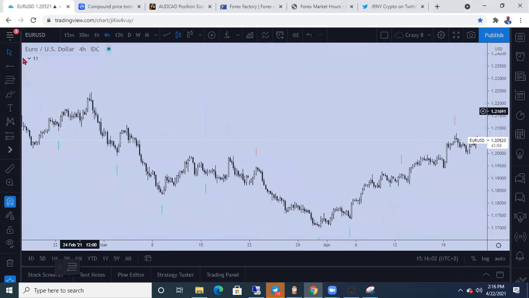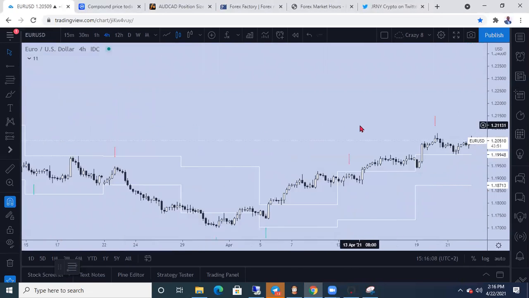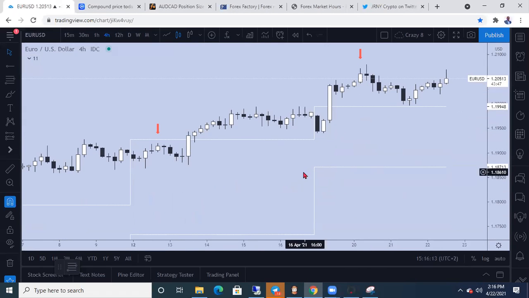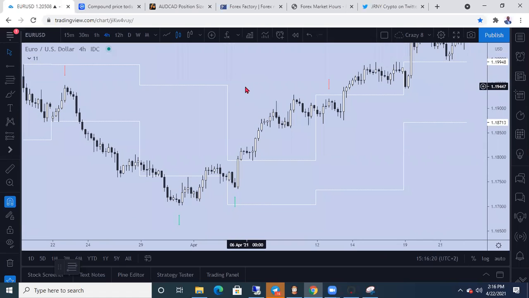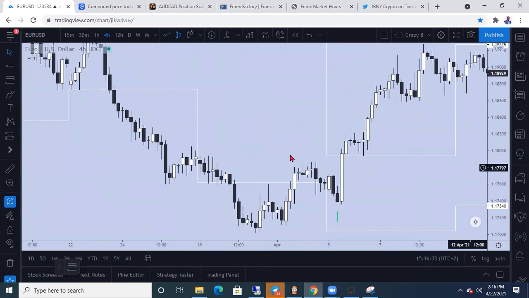So first, we said high probability setup, you want to see AQZ H4 happening at certain points on our charts, and we spotted the weekly highs and lows as one area where we would like to see this thing happening. So here you have the high, the low of the previous week, and you have your H4 AQZ forming after it has taken the low of the previous week.